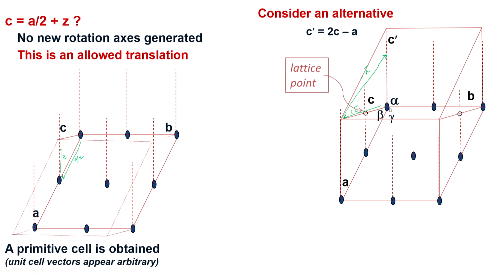When I went from the origin, drew the C vector, I came here, therefore, the lattice point at the origin also gets translated to the lattice point out here. Now, what does this mean? And then once we create a new unit cell, now I have a lattice point in the face center of this cell. So, this is my face center.